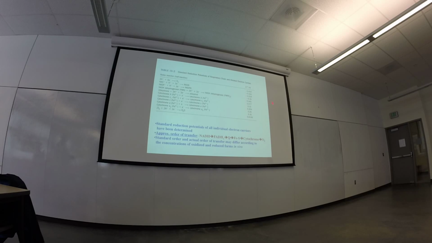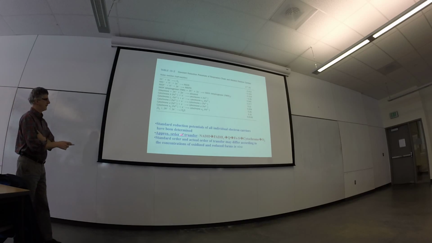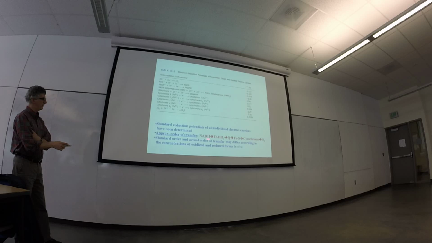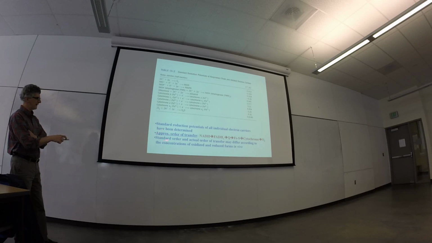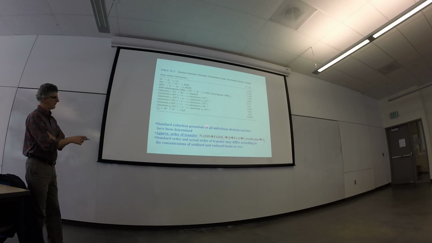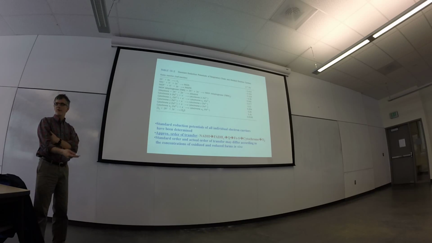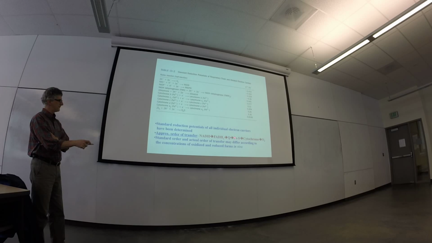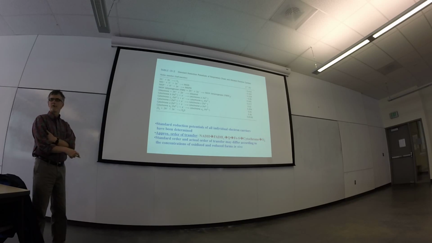So we know the standard reduction potentials for everything that is important, at least that we know about in the chain. This is an approximate order of transfer. I say approximate, and I may have annotated this slide to indicate the word approximate. This is not a fixed thing here. We always have NADH and FADH2 to the left of Q, in other words, donating electrons to the oxidized form of Q to reduce it. And then we always have Q donating electrons to a cytochrome, which donates electrons to molecular oxygen.